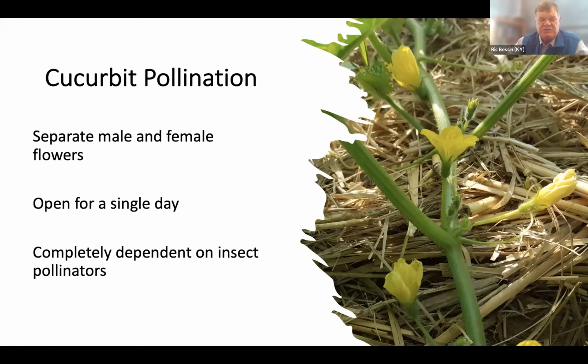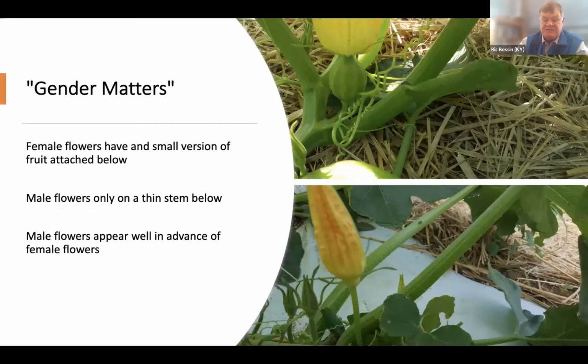What is interesting is this group of vegetables is completely dependent upon insect pollinators, meaning if you don't have insect pollinators, you don't get any fruit. It's as simple as that. So gender matters here, and I'm showing these slides just to show you what the male and female flowers look like.